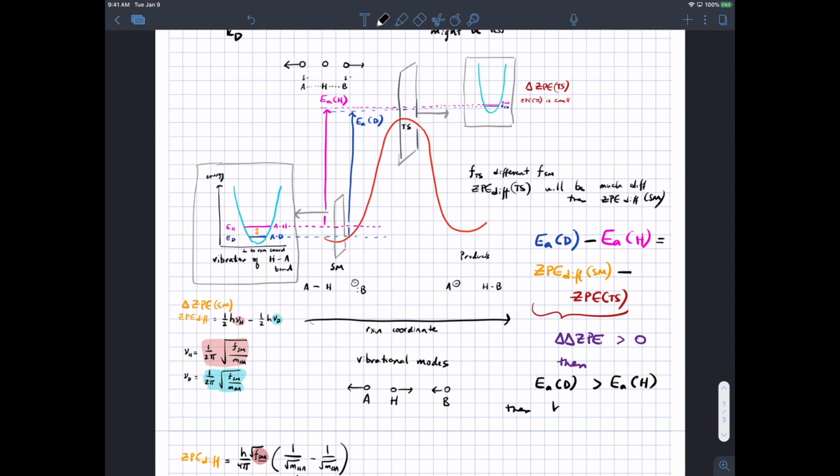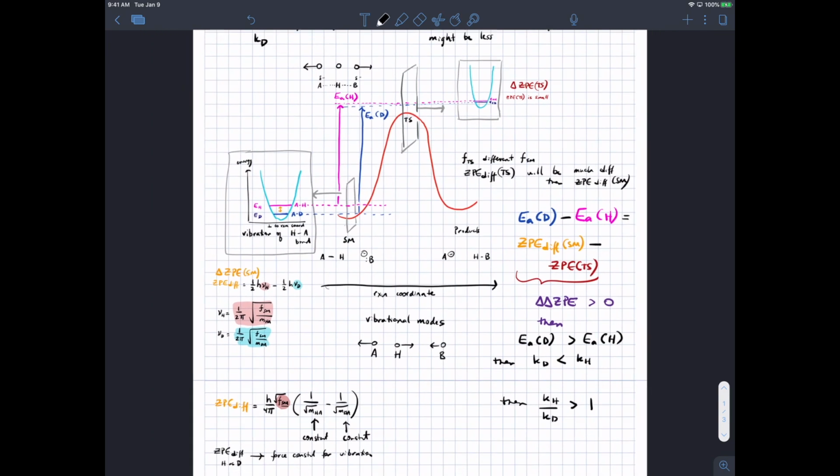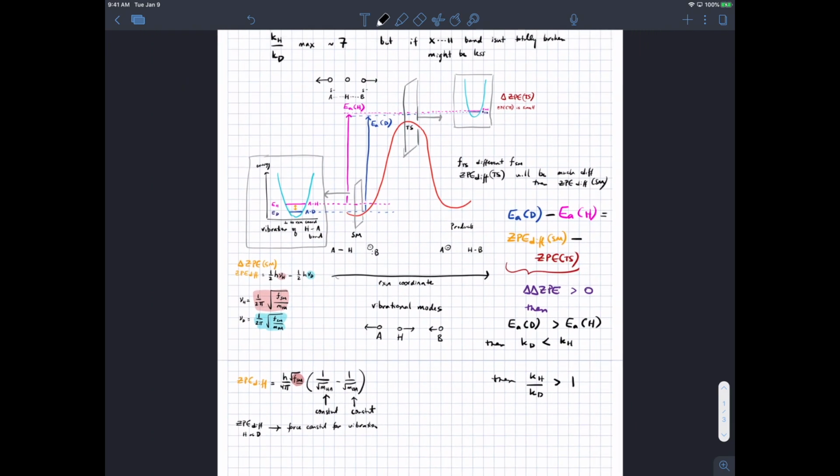Then rate constant for deuterium is slower than rate constant for proton. Then the ratio of rate constant for proton over rate constant for deuterium should be greater than 1. All right, that was a lot. Let's pause, take a step back, because this is going to be important for what we talk about for the rest of the day.